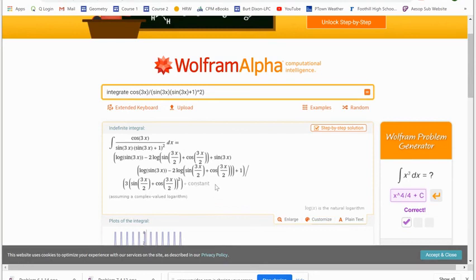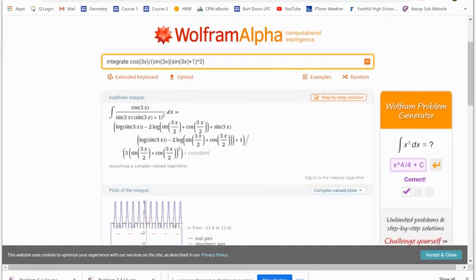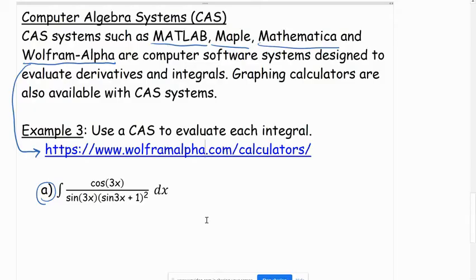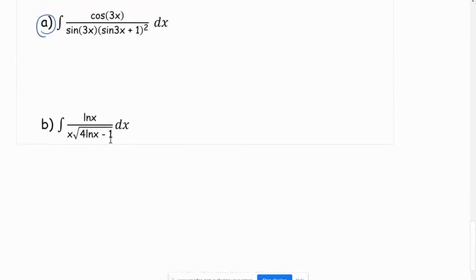That is our answer. So not one that you probably would have been able to do by hand. All right, so now go ahead and try using Wolfram Alpha on problem B. See if you can find the antiderivative of that expression using Wolfram Alpha.